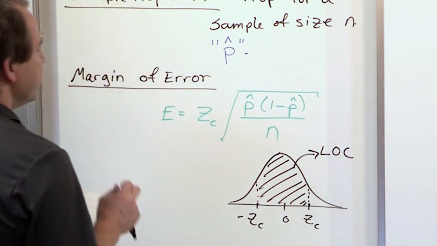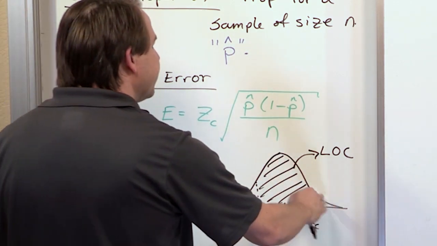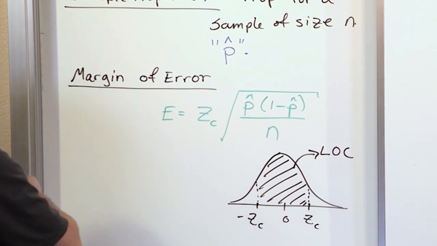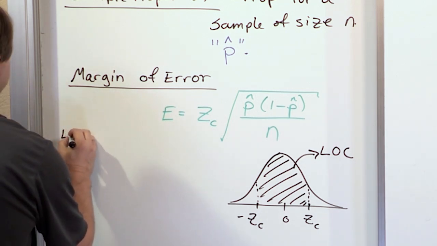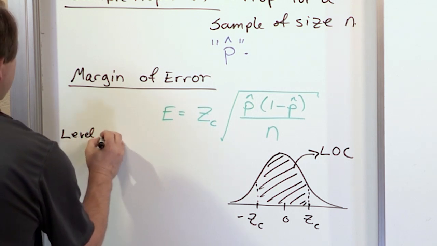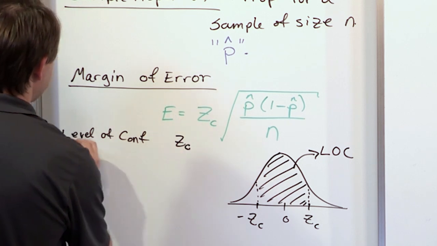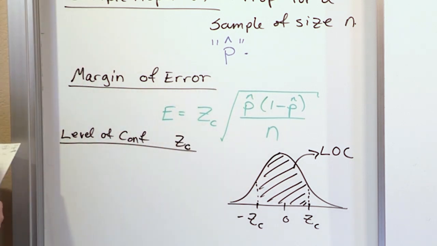Because a normal distribution doesn't ever change, we were able to construct a table that helped us. So I'm going to say level of confidence, and this is the critical value of z sub c. I've actually given you this table in the last volume before.